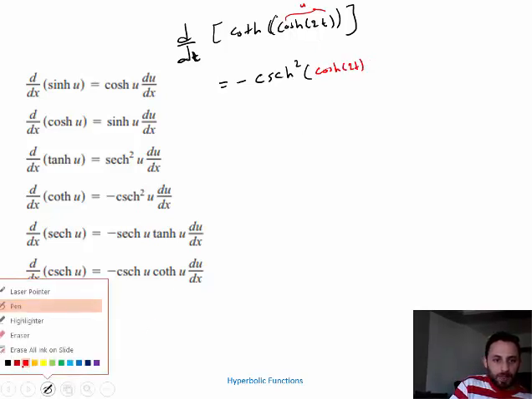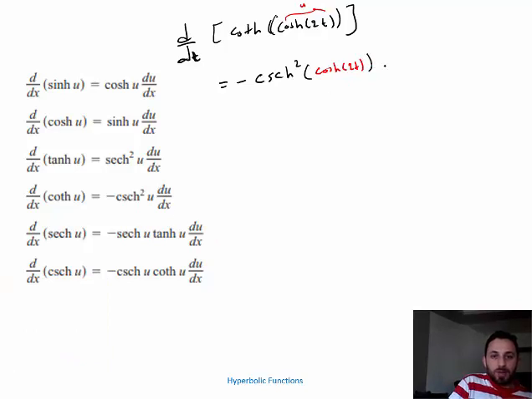Multiplied by du by dx, which is the derivative with respect to the variable t.